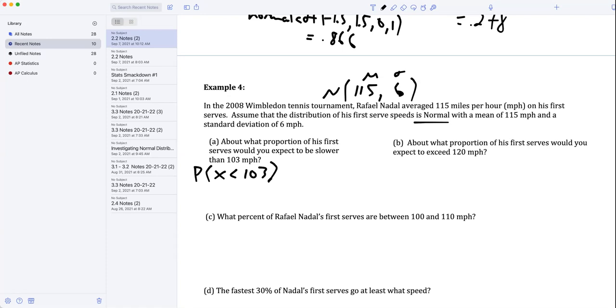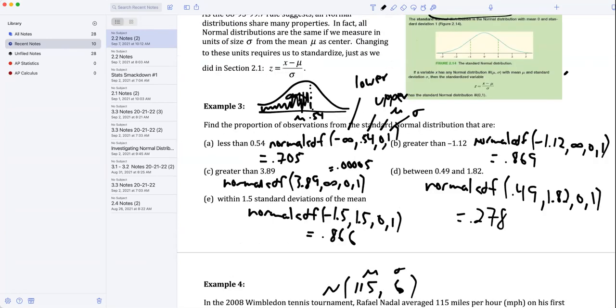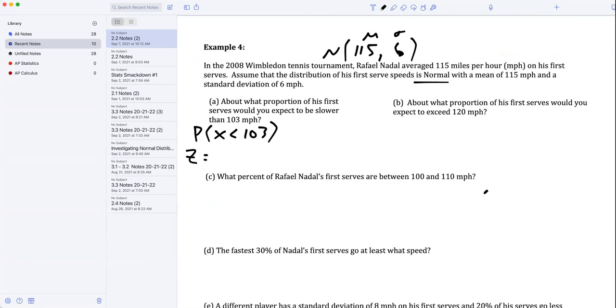So I need to find a z-score. My z-score is always going to be x minus mu all over sigma. Let me go back to the previous page, where we have a z-score, x minus mu over sigma.